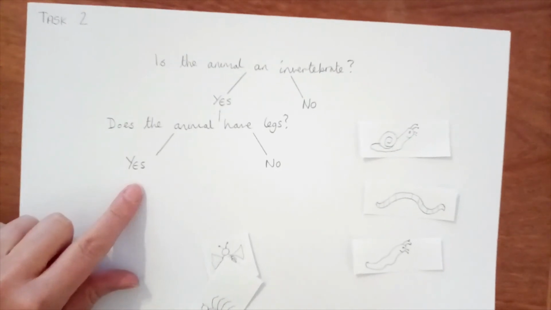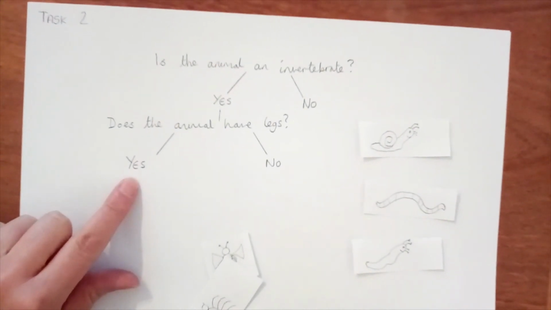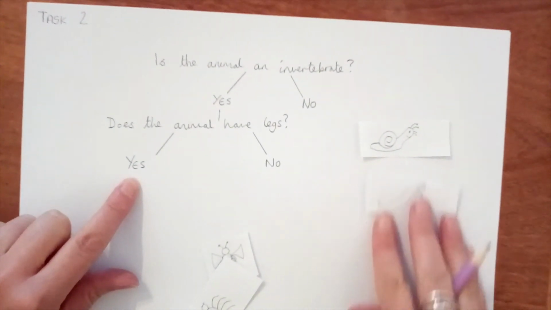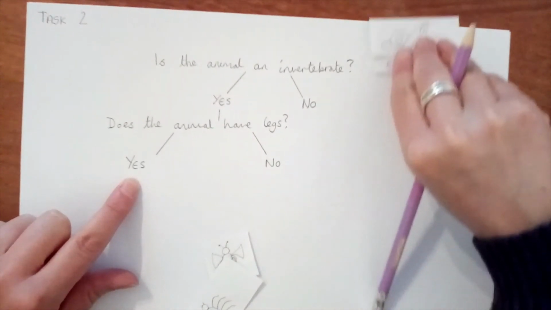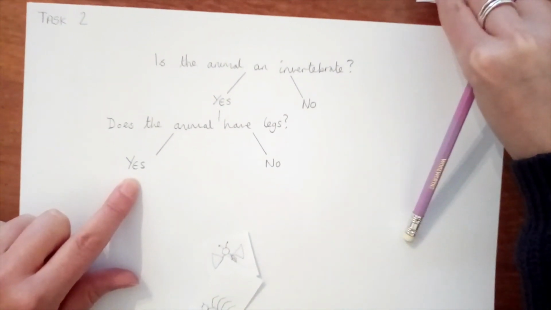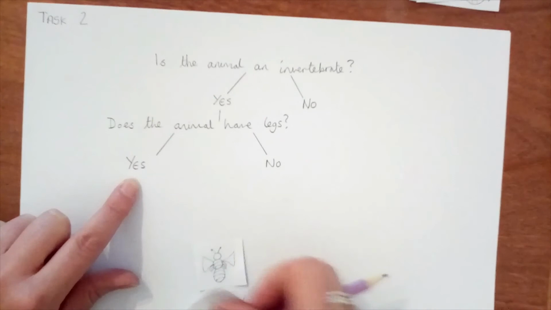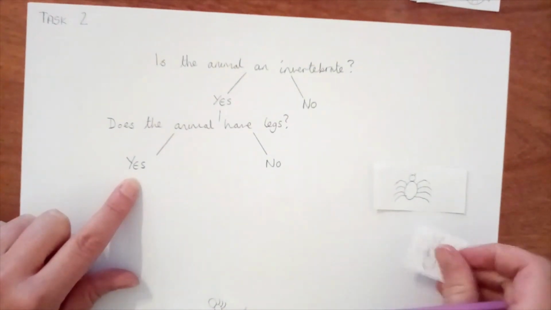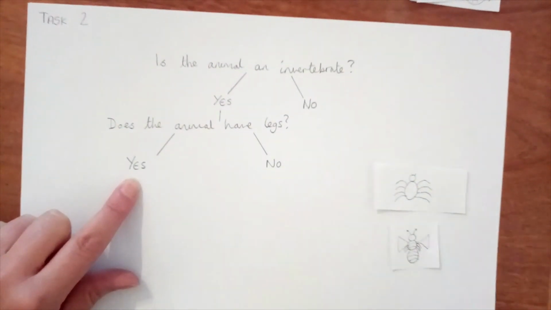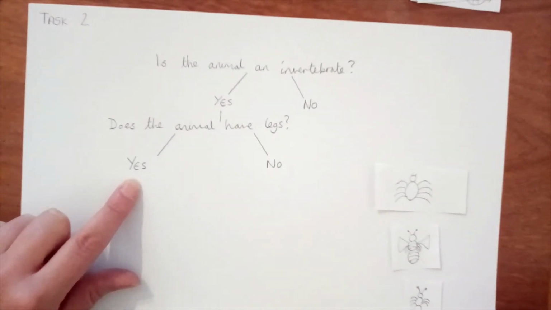Now, I'm going to sort out the animals with you today on the yes branch. So for now, I'm just going to push my other invertebrates with no legs out of the way. And I'm going to be looking at these three animals, my spider, my bee, and my ant. So I need to ask a question that's going to help me sort out these animals into two groups. Again, I could sort it out about number of legs.